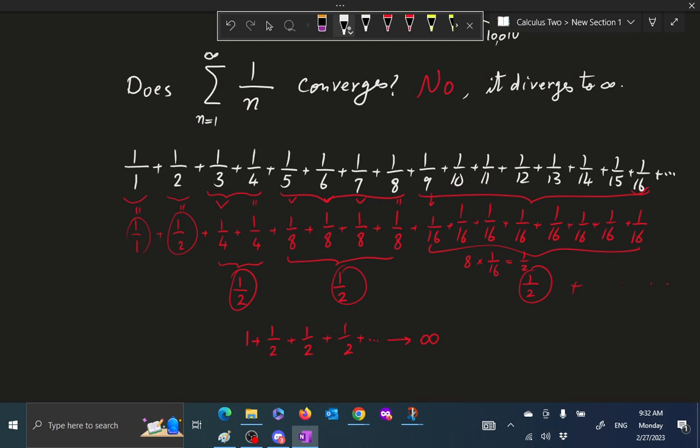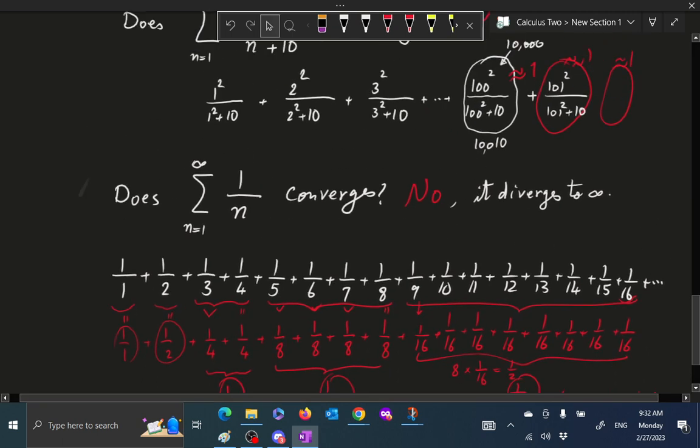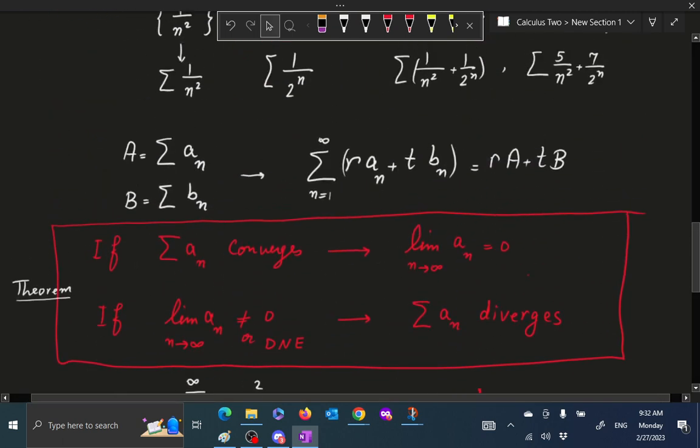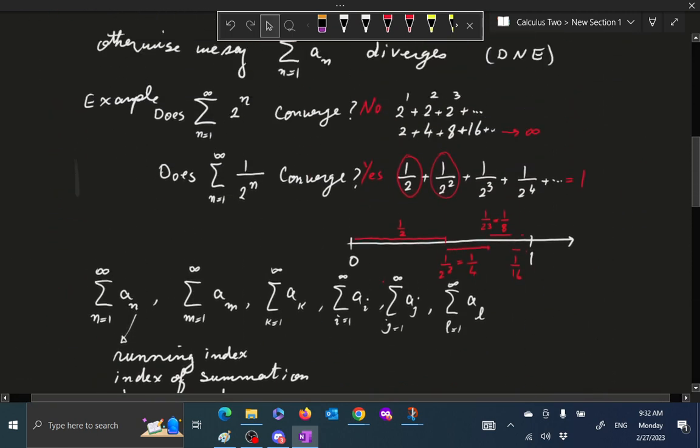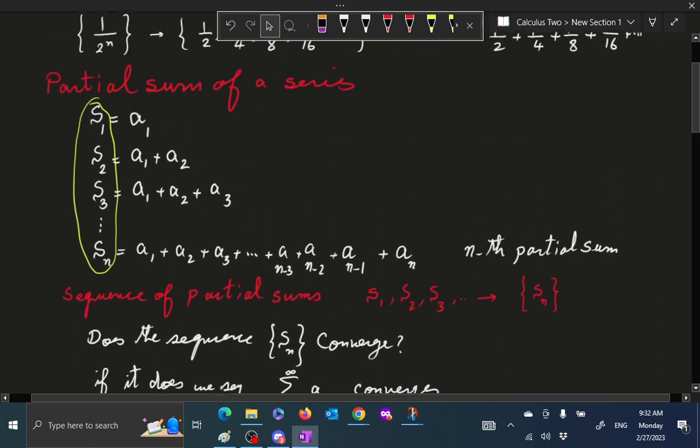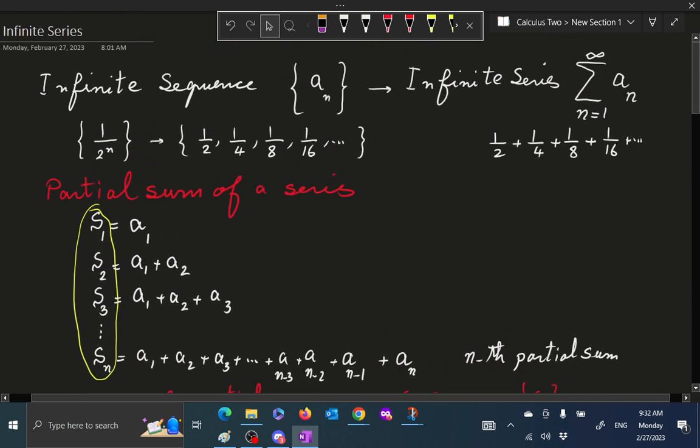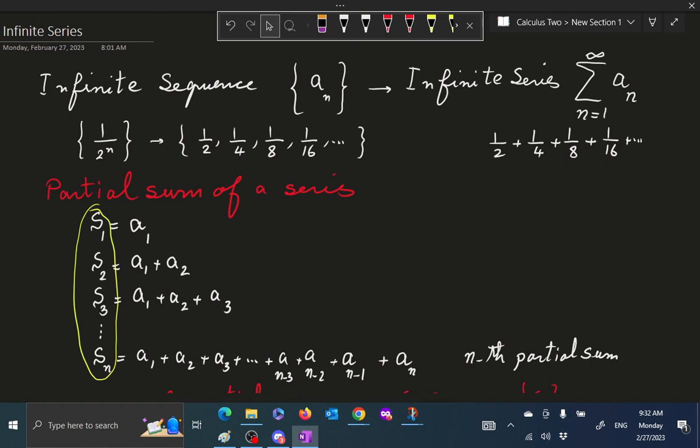Okay, so we just started the conversation about infinite series. Let's go back and look at this thing. So we have a sequence. These are terms that are listed, item number 1, item number 2, and so on.